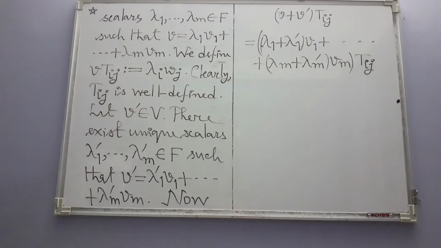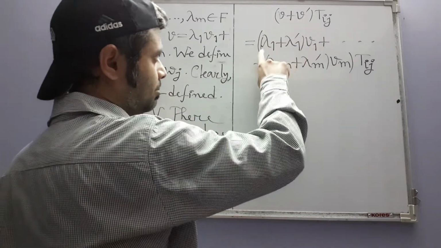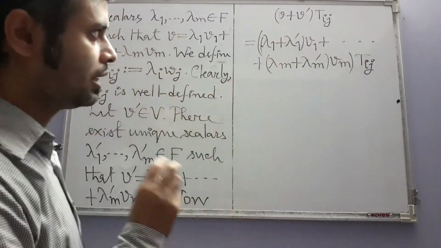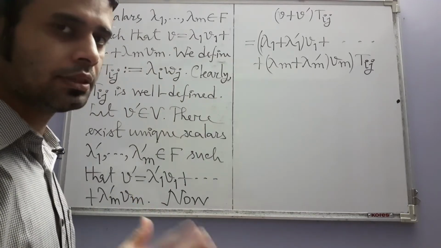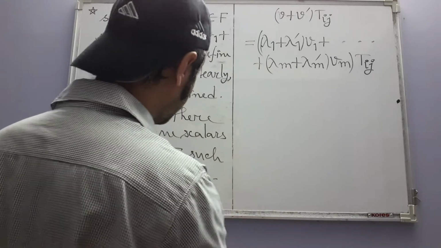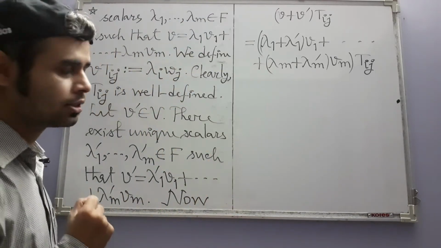Keep in mind that this expression that we are getting for v plus v prime, to get to this we had to use many of the things that are true in V. For example, we have used the fact that V is an abelian group with respect to addition.